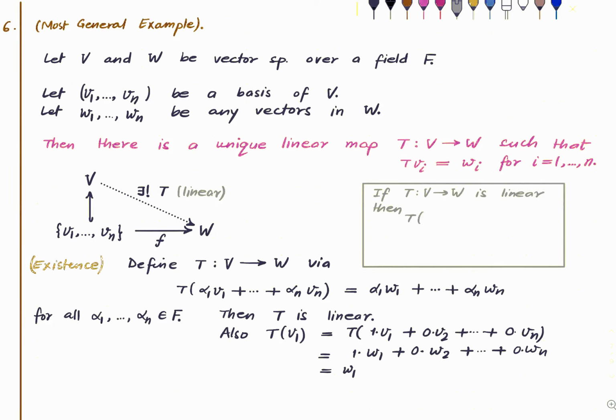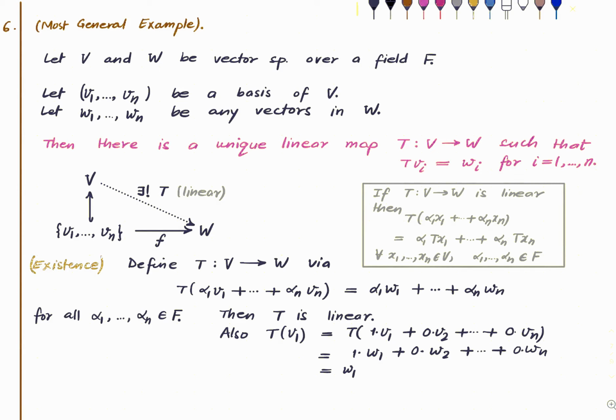T of alpha_1 x_1 plus ... plus alpha_n x_n is alpha_1 T x_1 plus ... plus alpha_n T x_n. This is for all vectors x_1 up to x_n in the domain and alpha_1 up to alpha_n in the field. So this is just induction.